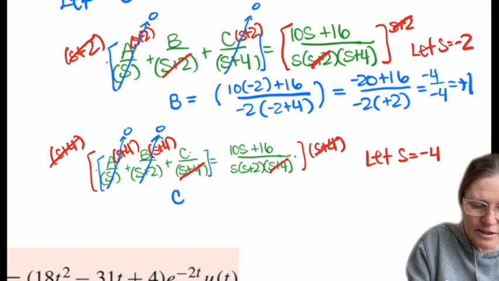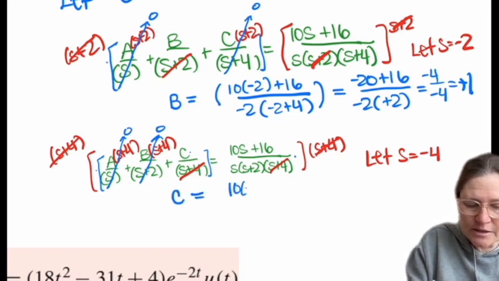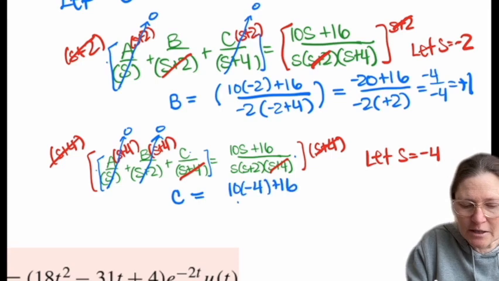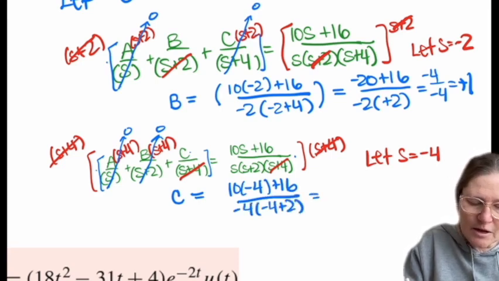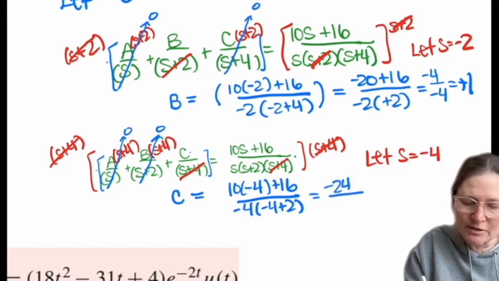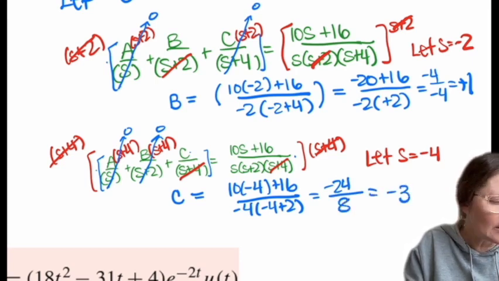So we'll have C equal to 10 times minus 4 plus 16 all over minus 4 plus 2. Then minus 40 plus 16 is minus 24, and minus 4 times minus 2 is a plus 8, for a value of minus 3.